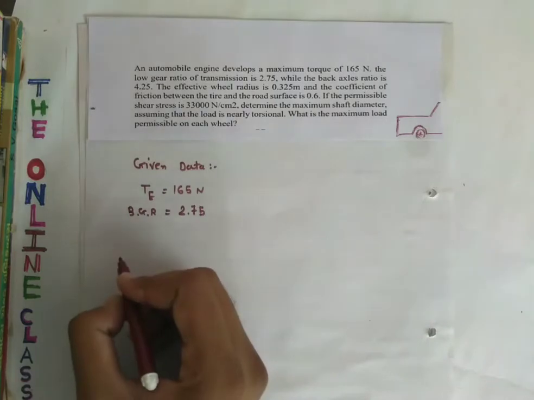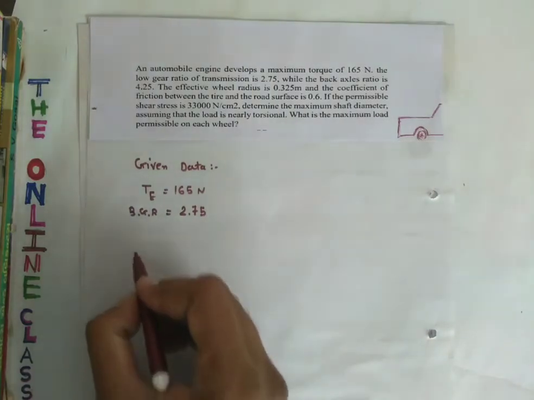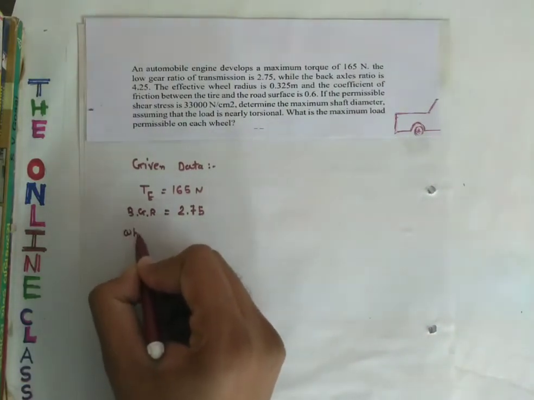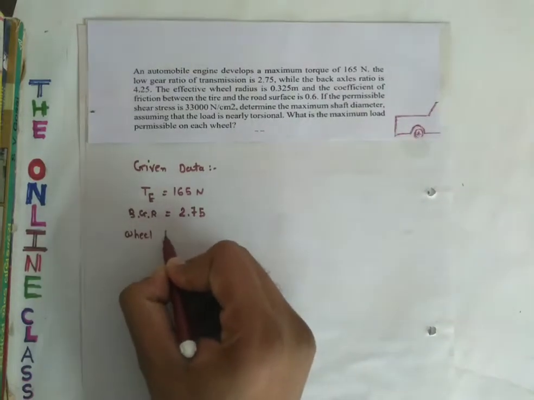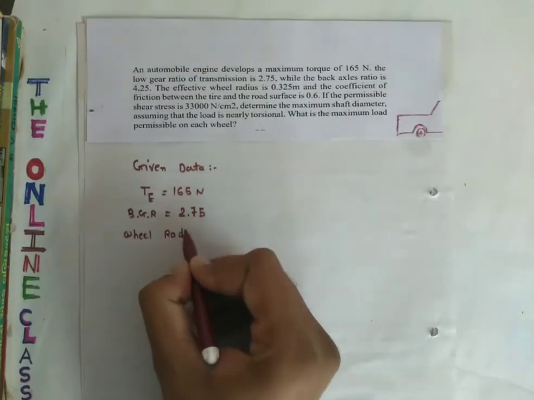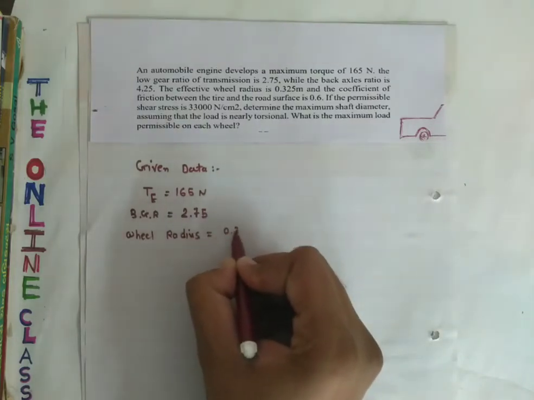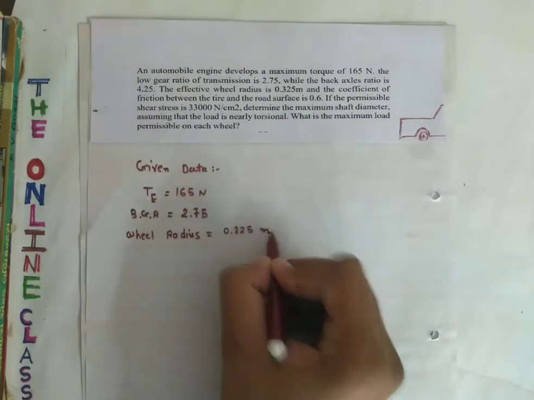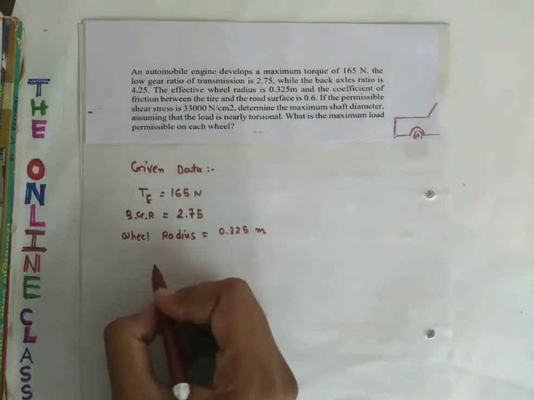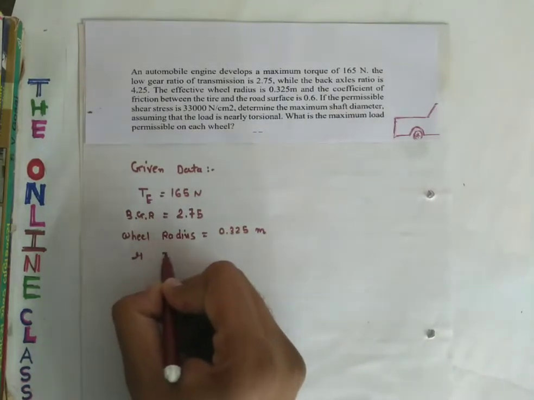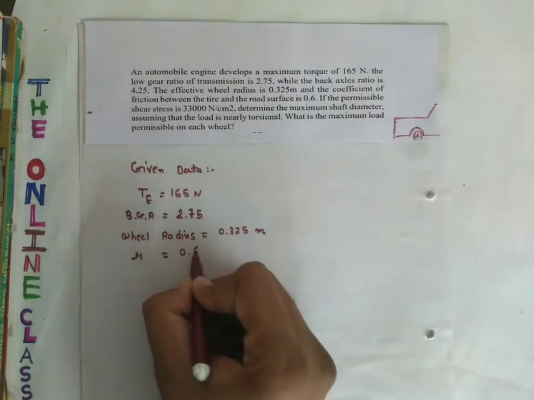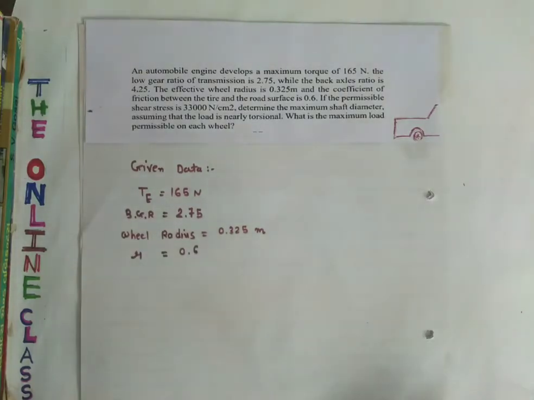The wheel radius is 0.325 meter and the coefficient of friction mu is 0.6.